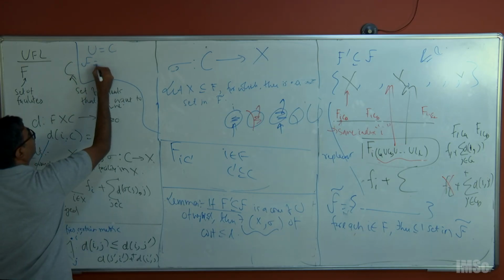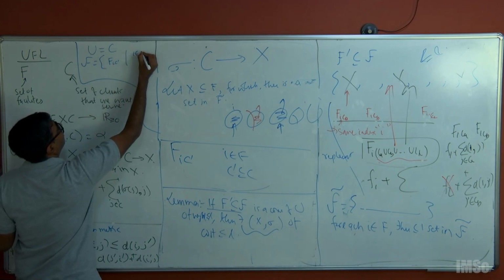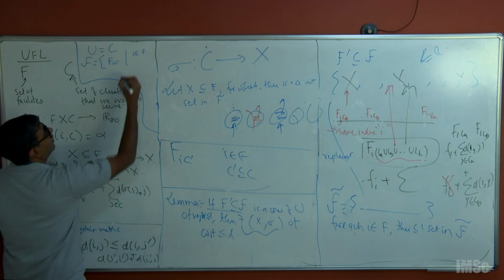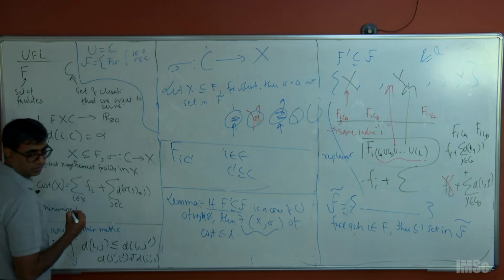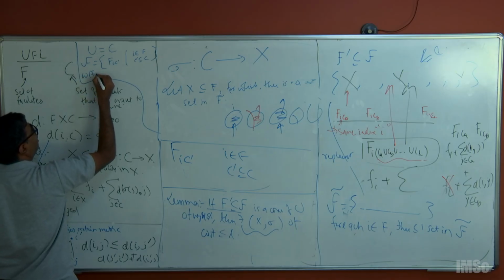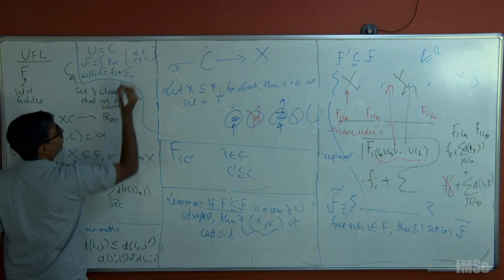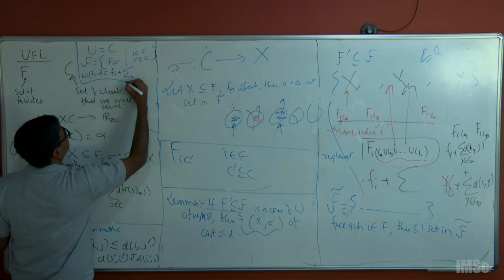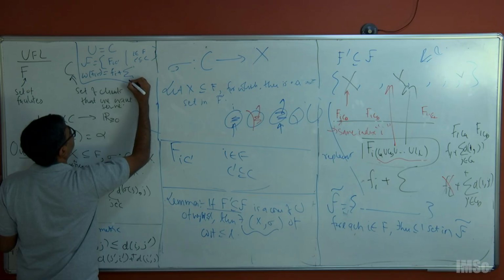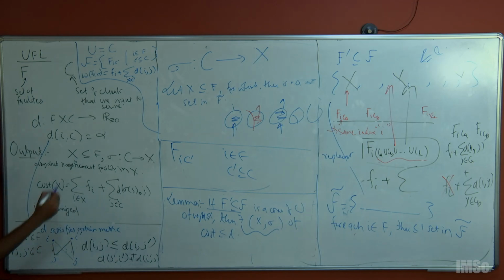My family is F_{I,C'}, for I in my facilities, where C' is a subset of C. And the weight of F_{I,C'} is f_I plus the summation over j in C' of the distance from I to j.